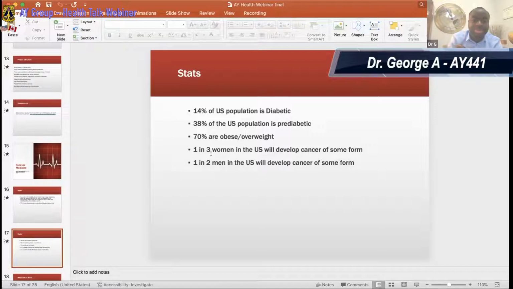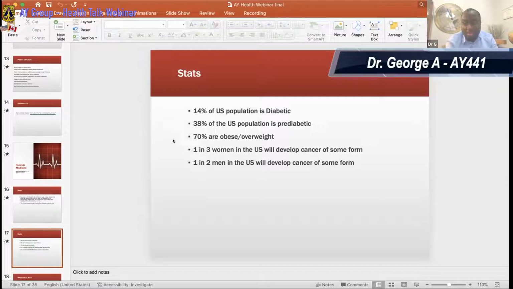So if you are pre-diabetic, it's more or less you have it. They also found out 70% of the population is obese or overweight. And one thing that is very scary is that 1 in 3 women in America will develop cancer of some form, right? And it even gets worse for men: 1 in 2 men in America will develop cancer of some form.